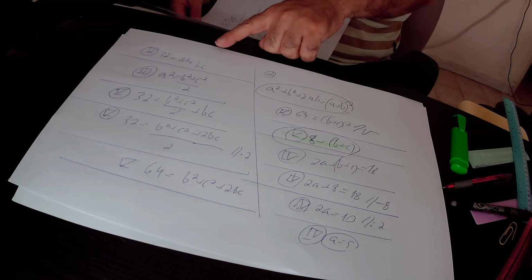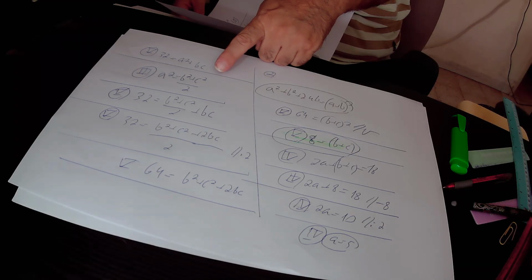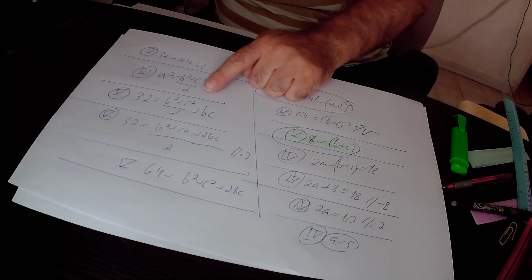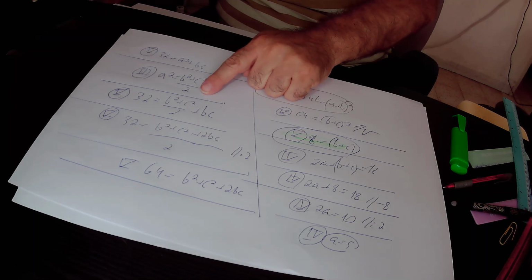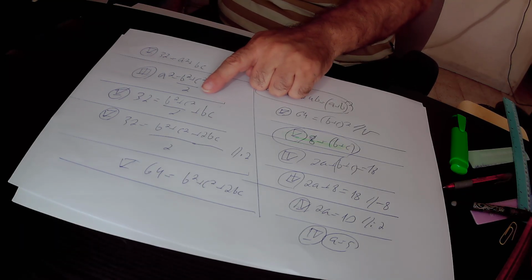So actually, you can substitute A squared in equation 5 by B squared plus C squared over 2. We did it, and found that 32 equals B squared plus C squared over 2, plus BC. Here we multiply BC by 2 and then divide it by 2 in order to get a common factor of this expression.